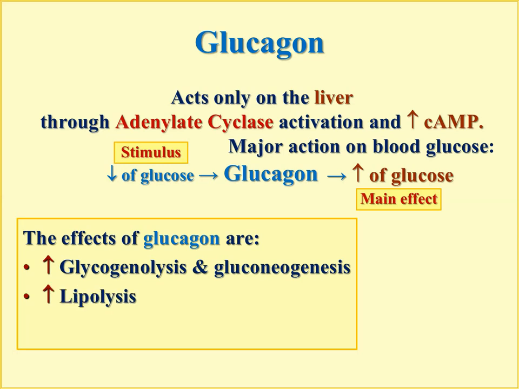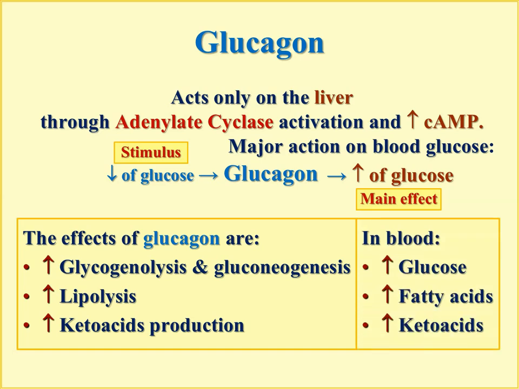Also, glucagon stimulates breakdown of lipids, lipolysis, and increases the production of ketoacids, which are always associated closely with breakdown of lipids. As a result, in blood we have an increase of blood glucose level, an increase of fatty acids, and in parallel, an increase of the level of ketoacids. These are the main effects of glucagon.